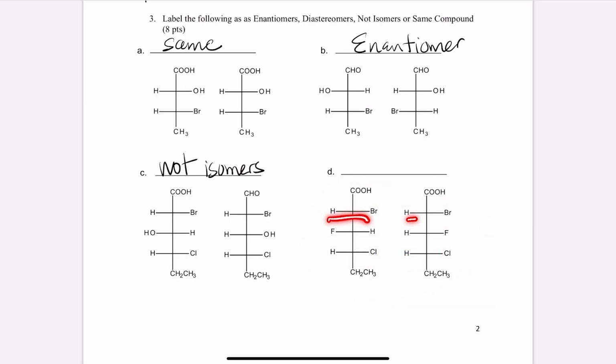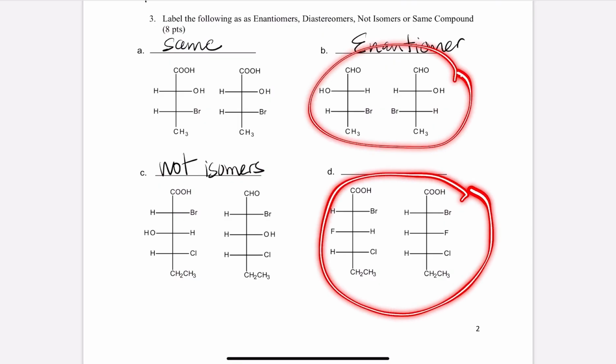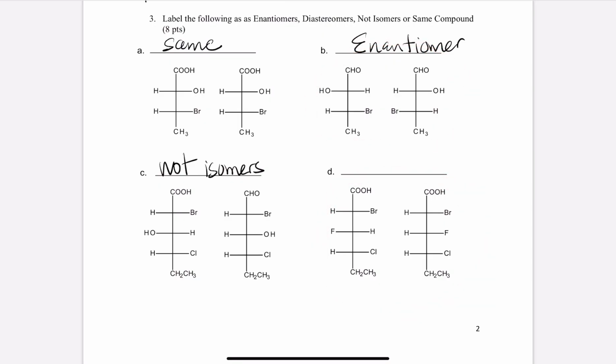They're just jumbled a little differently. They're flipped. So they can't be enantiomers, because enantiomers are perfect mirror images and have all the same things. If they have all the same things, but they're just not mirror images, that's the diastereomer.